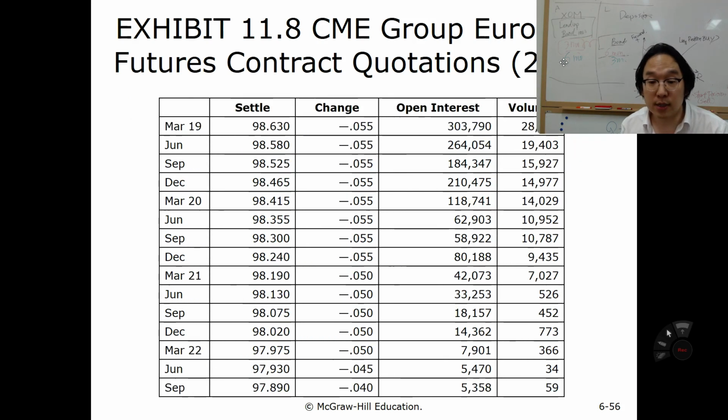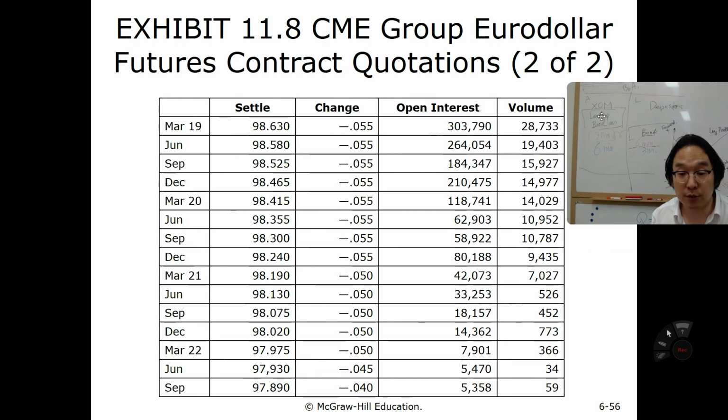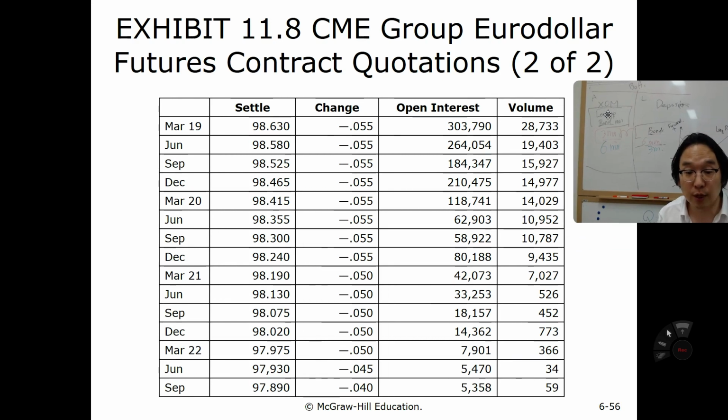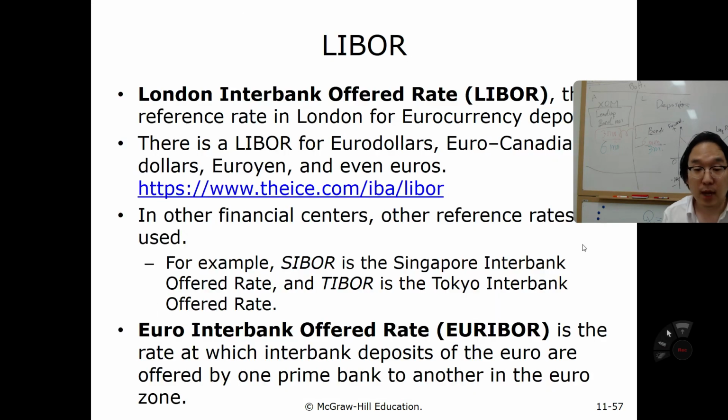Quotations are shown also with settlement, change, open interest, how many contracts are there, and volume. The open interest is how many are standing in a contract, and the volume is how many were transacted and made contract on that specific day. So that's that. LIBOR, that's something we need to discuss in the next section.